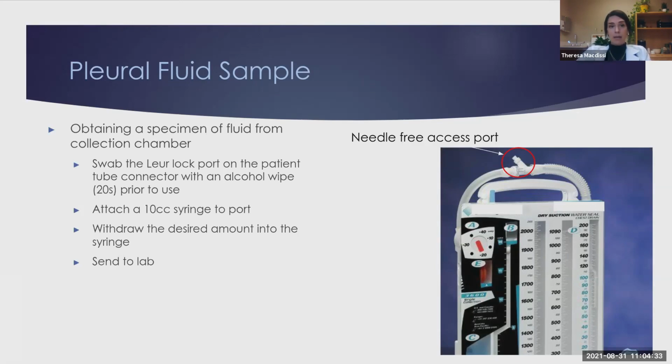Instances where it is okay to clamp the chest tube: you can momentarily clamp it when you are replacing the drainage system like we just talked about. You can do it when you're assessing for air leak locations, so that clamp test that we also referred to earlier in the presentation.